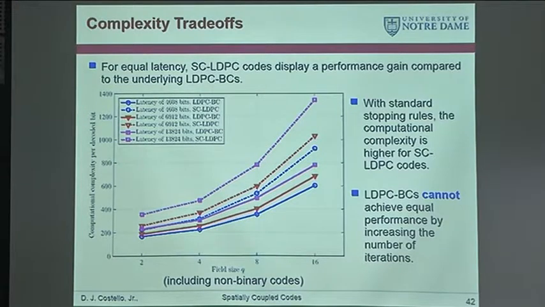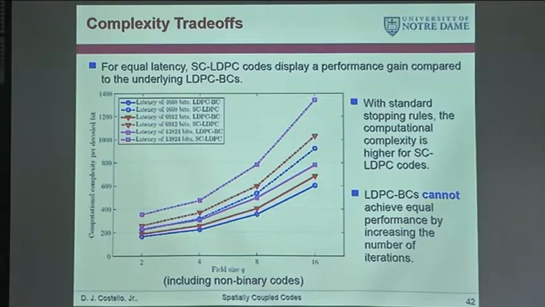One thing to note about this, even though the spatially coupled code requires some additional node updates, it gets better performance by a couple tenths of a dB. And one thing to notice is that with the block code, you cannot do additional iterations and improve the performance. Otherwise, this is the performance of the block code we showed is the best you can get.